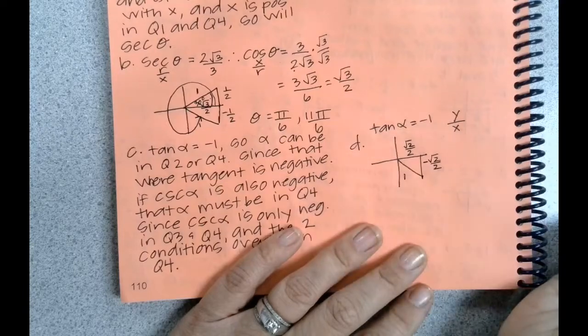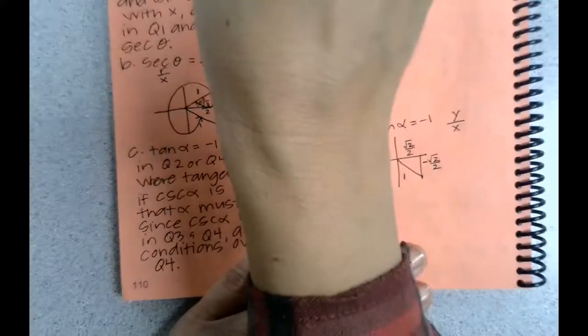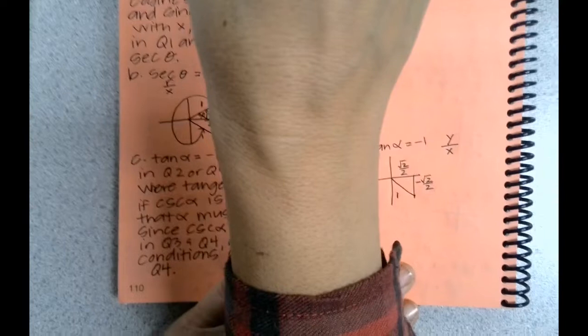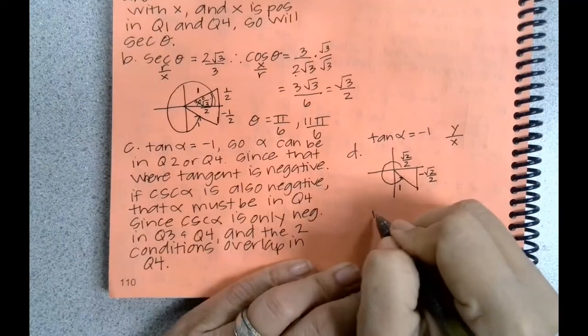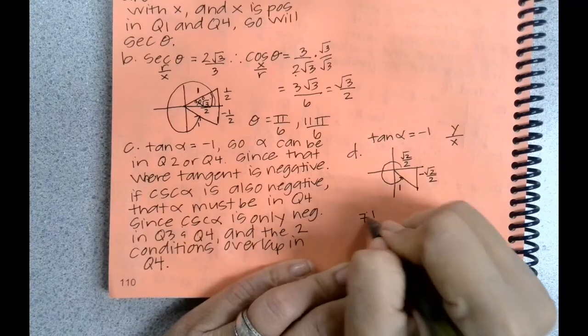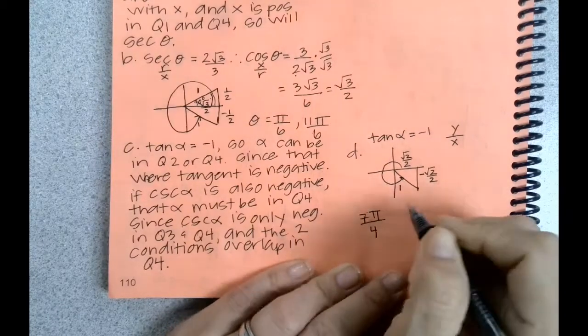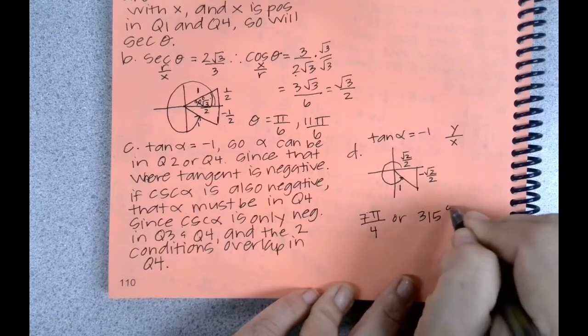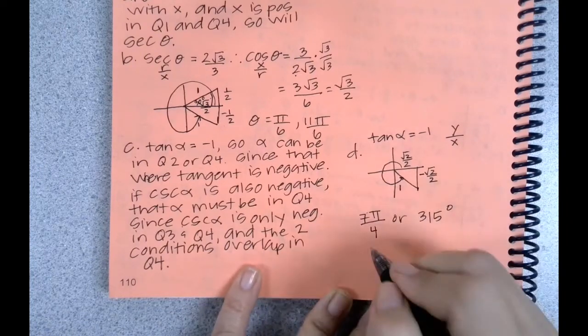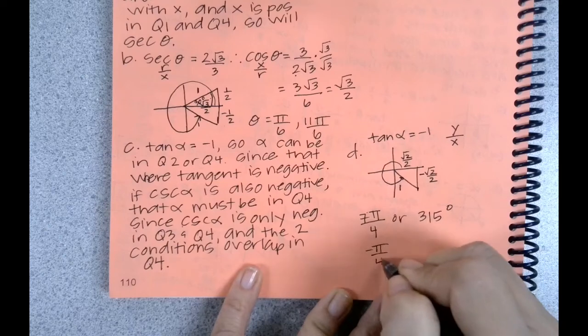And then this says answer in radian and degree measure. So we're going to go like this and say that that is 7 pi over 4, or 315 degrees.